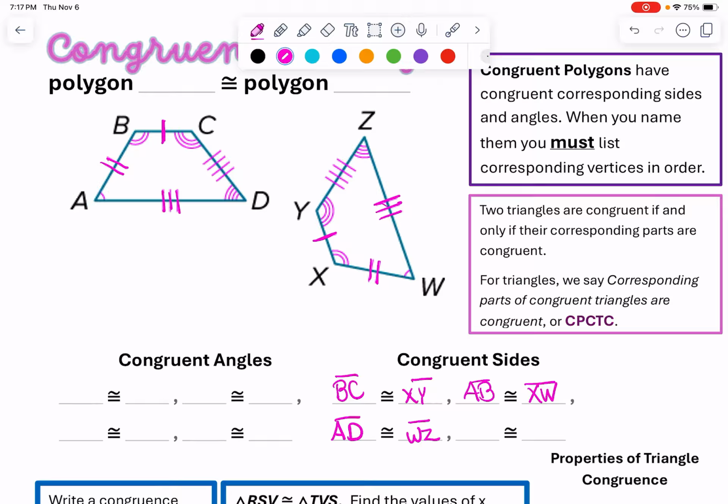And finally, our four tick marks denote that segment CD is congruent to segment YZ or ZY.